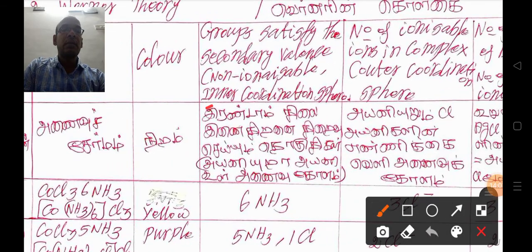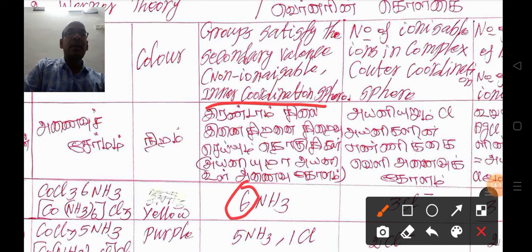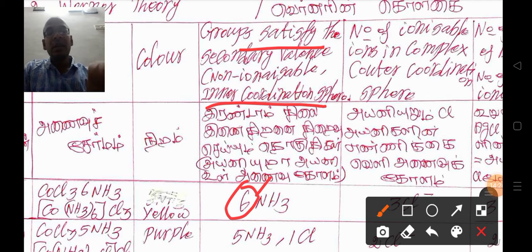Inner coordination sphere, that is 6NH3. That means secondary valency is satisfied by the ligands, always in the inner sphere. Based on that, we can conclude that 6 NH3 are in the inner sphere. Therefore, put the 6 ligands in the inner sphere.